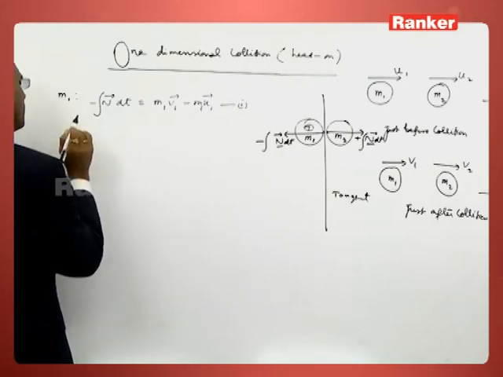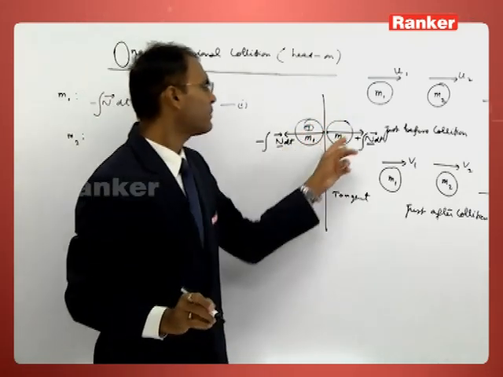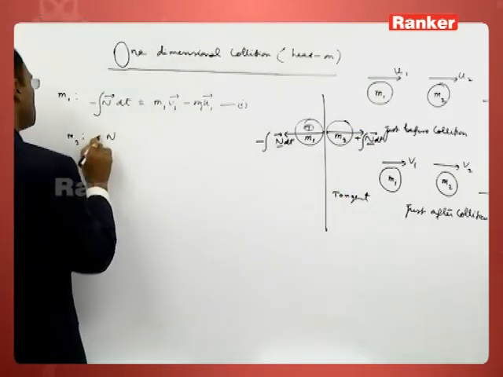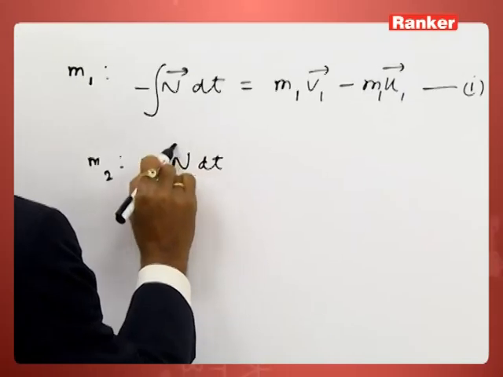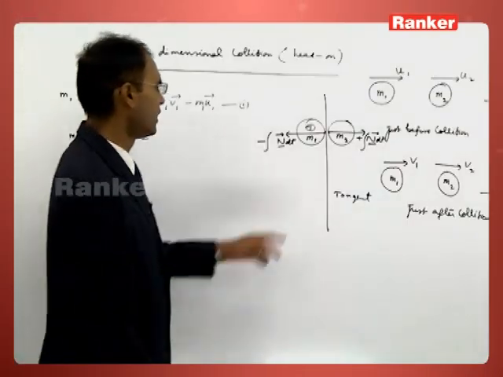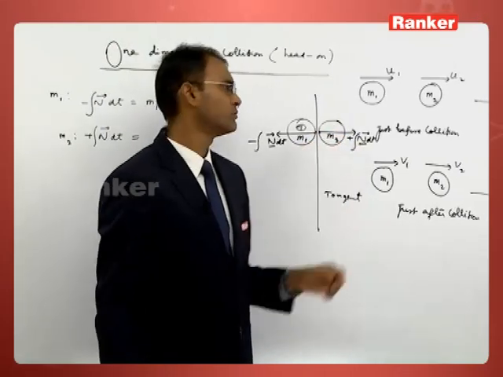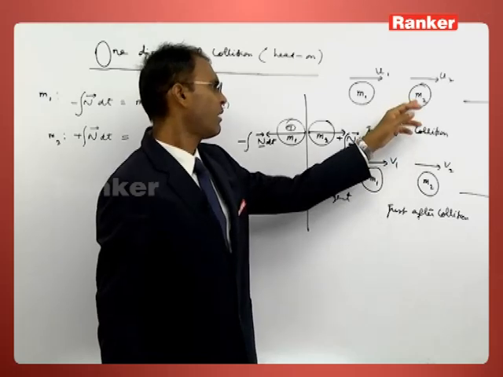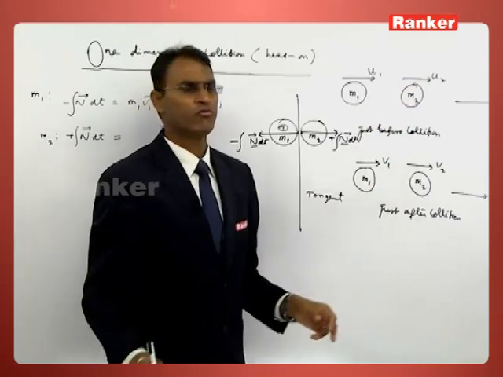Similarly, the net impulse acting on body 2, that is plus N dt, is equal to the change in momentum of body 2. Body 2 changes its momentum from m2 u2 to m2 v2.